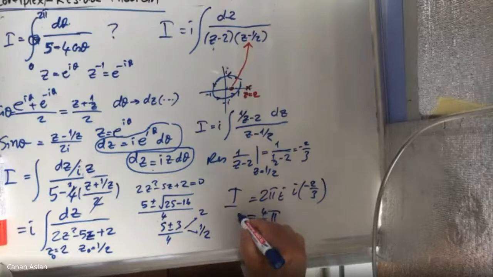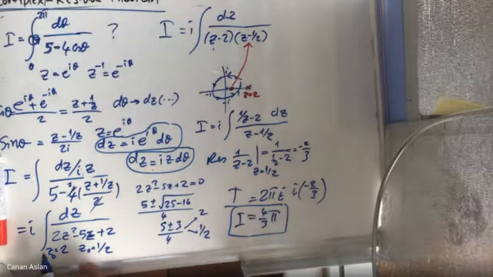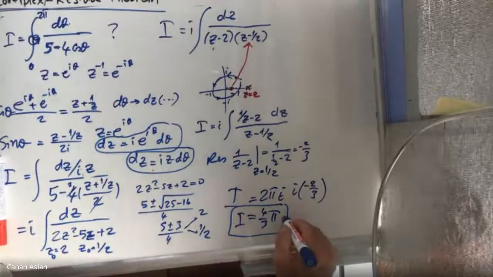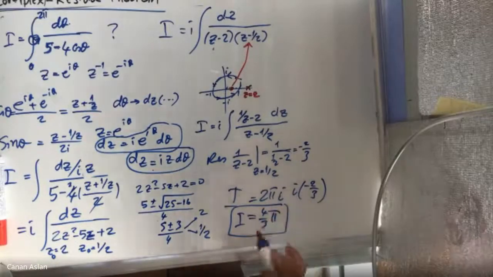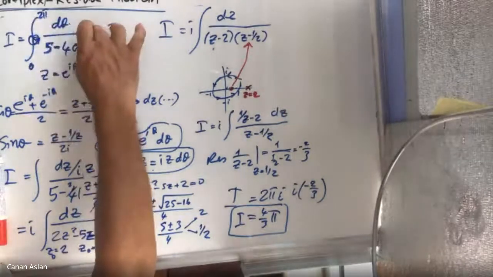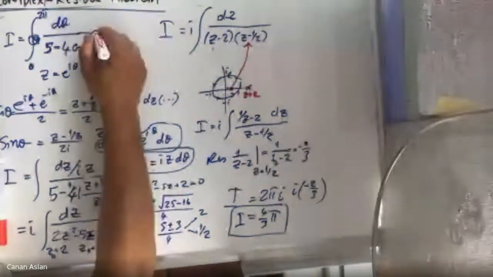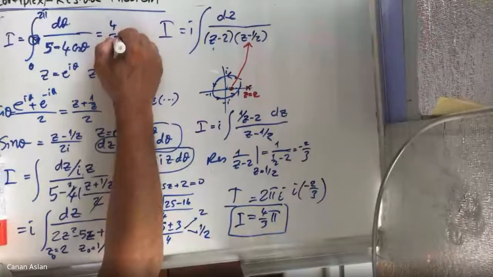As you see, the result happened to be just a real number, not complex. So the result of this integral is just 4 over 3 pi.